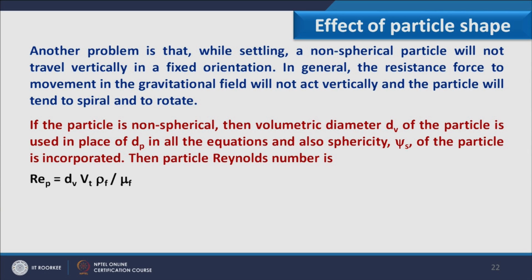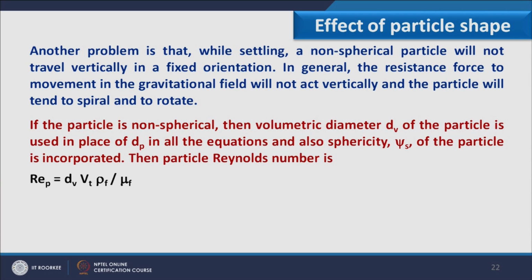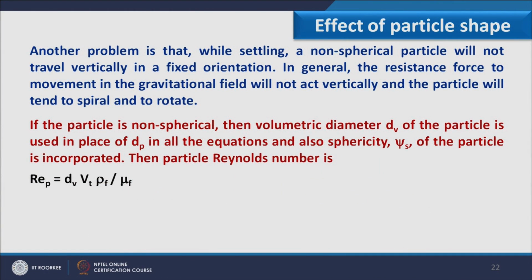I guess you remember this, it is the diameter of a spherical particle of same volume as the particle. Therefore, to consider the non-spherical shape of particle, we consider dV instead of dP in all equations, and along with this we will also consider phi s, that is the sphericity of the particle, to incorporate different shapes.